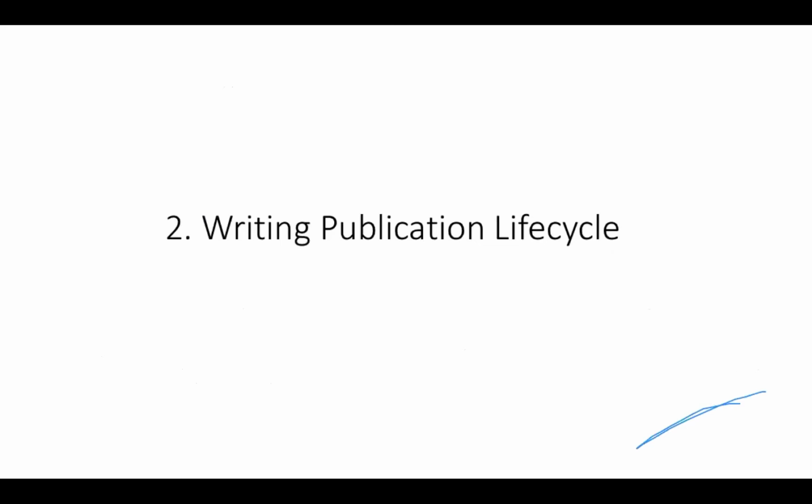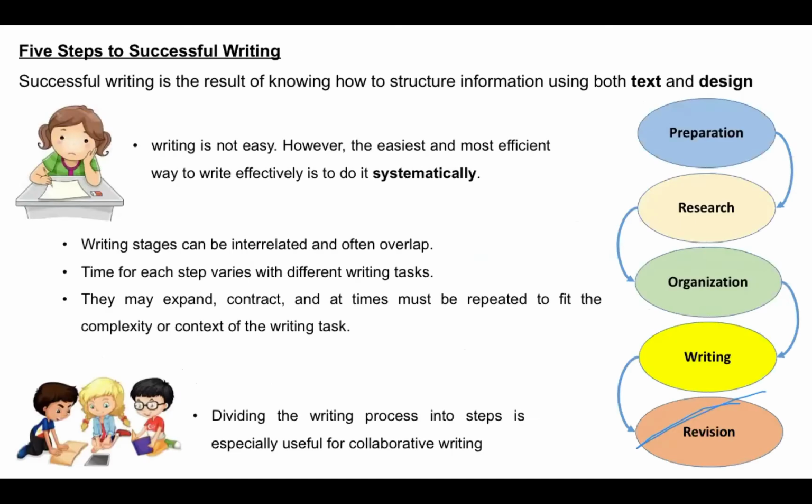So let's go to the publication life cycle, which has 5 components or 5 stages. Really, I believe in this principle: successful writing is the result of knowing how to structure information using both text and design.